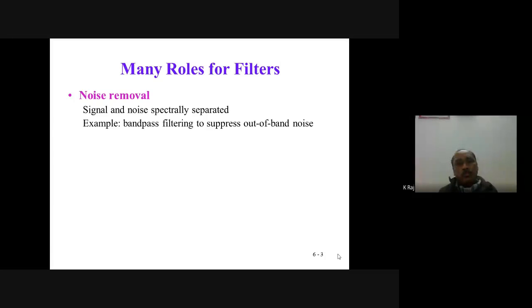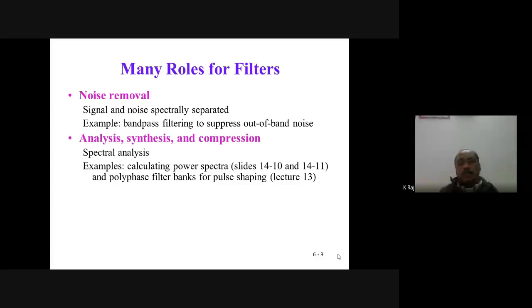For example, if we consider band pass filtering to suppress some noise, then we select the range of frequencies between the lower cutoff frequency and the higher cutoff frequency. Otherwise, the other ranges of the signal will be discarded.